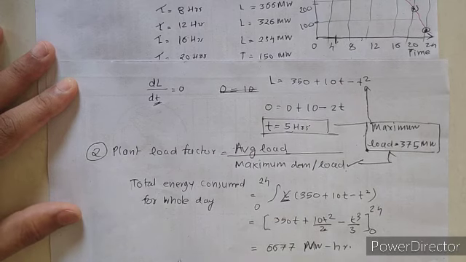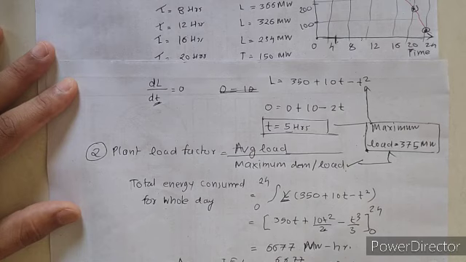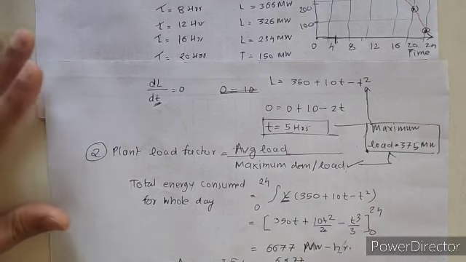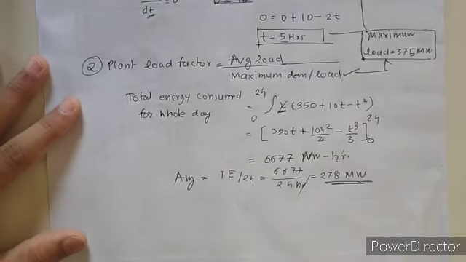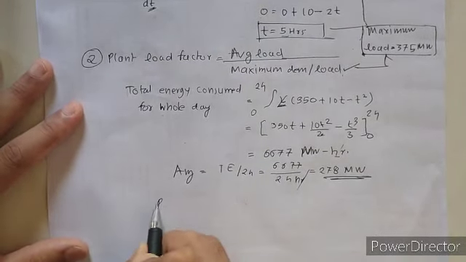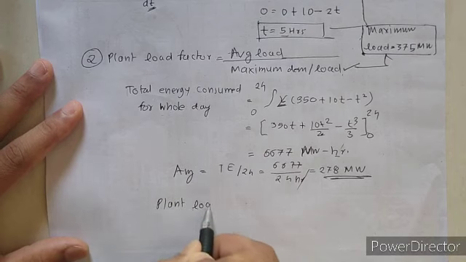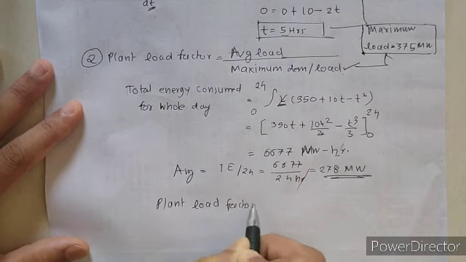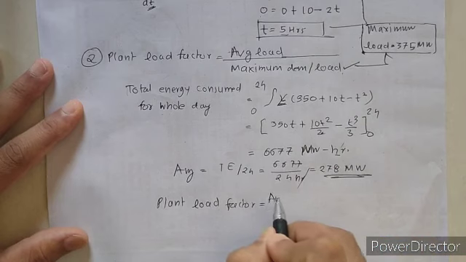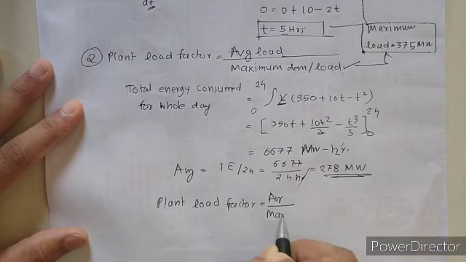Now to calculate the average load, total energy divided by 24 hours, which is 6672 divided by 24, will be about 278 megawatt. The hours cancel, right? So plant load factor equals average load upon maximum load.